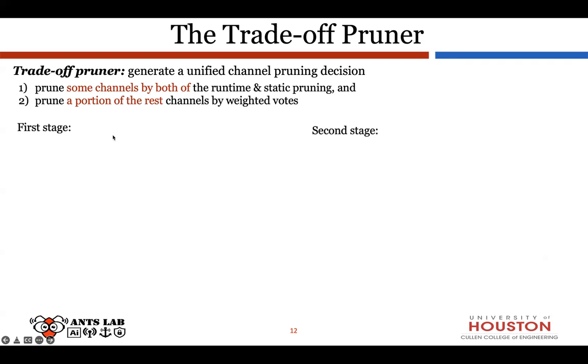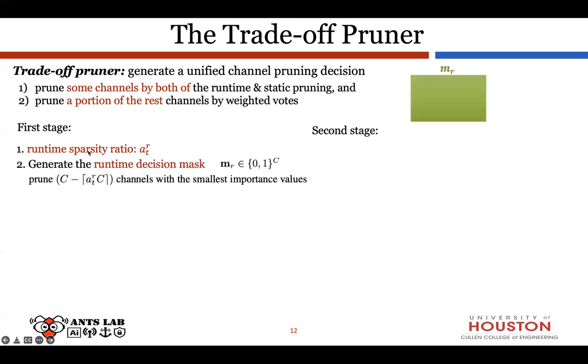Firstly, for the first stage, assume we already have this sparsity ratio, and it can be obtained by the deep reinforcement learning agent. I will introduce how to obtain this parameter later. So we have the sparsity ratio, and we also have the runtime channel importance. Then we can generate a runtime decision mask.